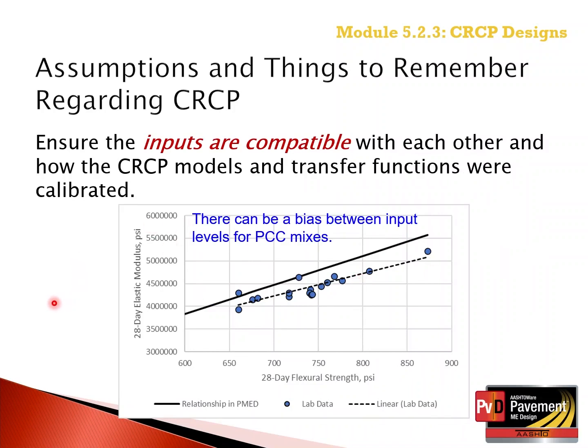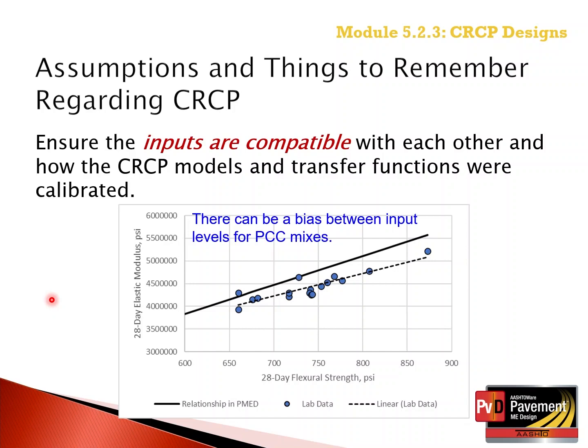As such, input compatibility is important because there can be a bias between the input levels for concrete mixes. It is important to know and follow the process and variables used for the calibration process.